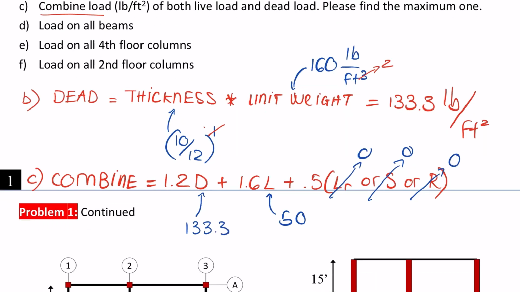So the total equals 1.2 multiplied by 133.3 plus 50 multiplied by 1.6. We have 239.96. I will just round up to 240, and this one is pounds per square feet.